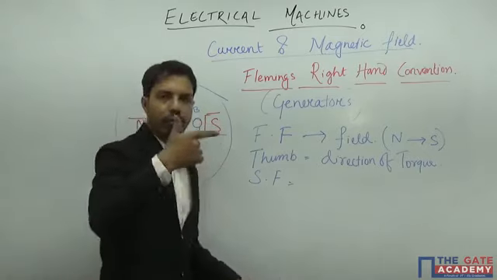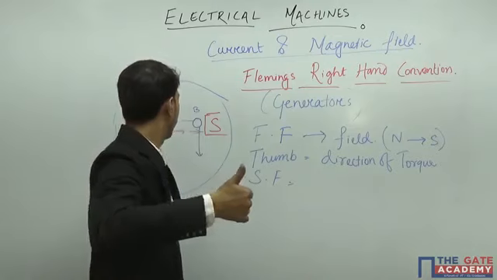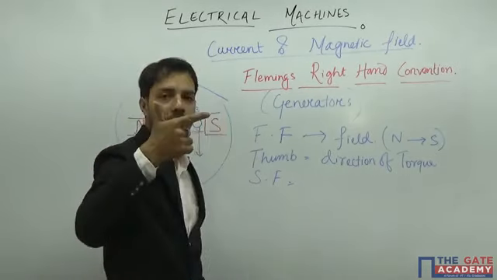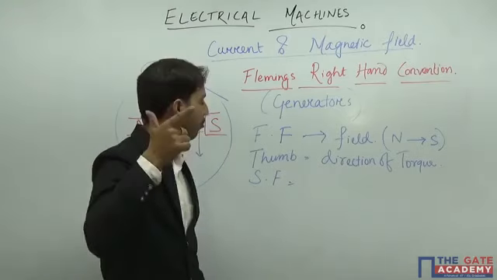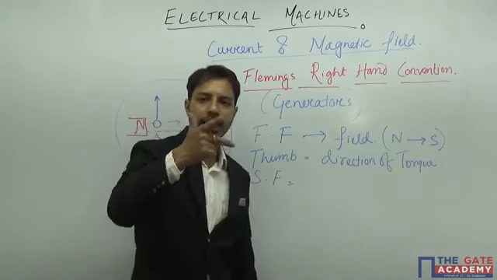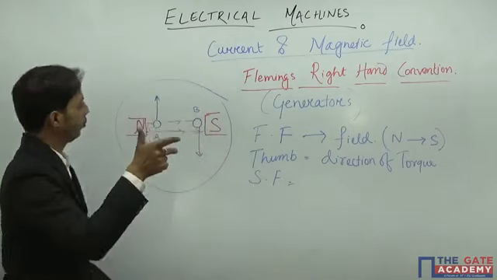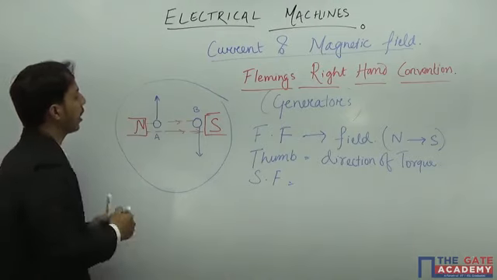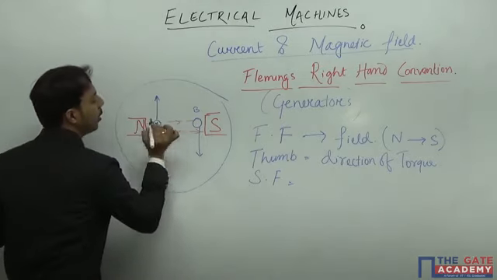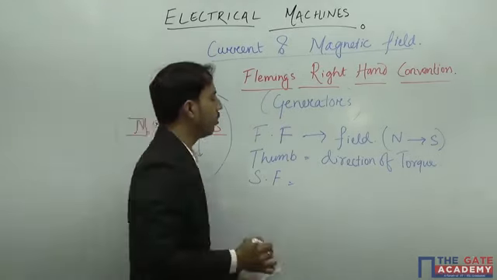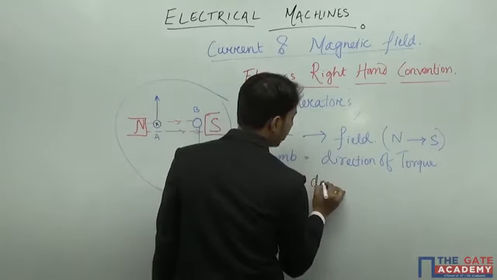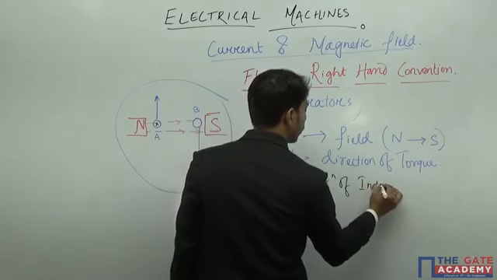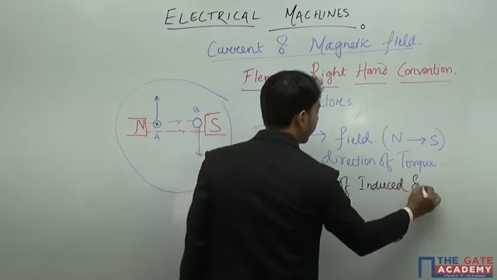So if you place the thumb along the force and the forefinger along the field, you will get the direction automatically, which we can see is inwards. So we can denote the direction of the EMF which is induced here by a cross. The second finger gives us the direction of the induced EMF.